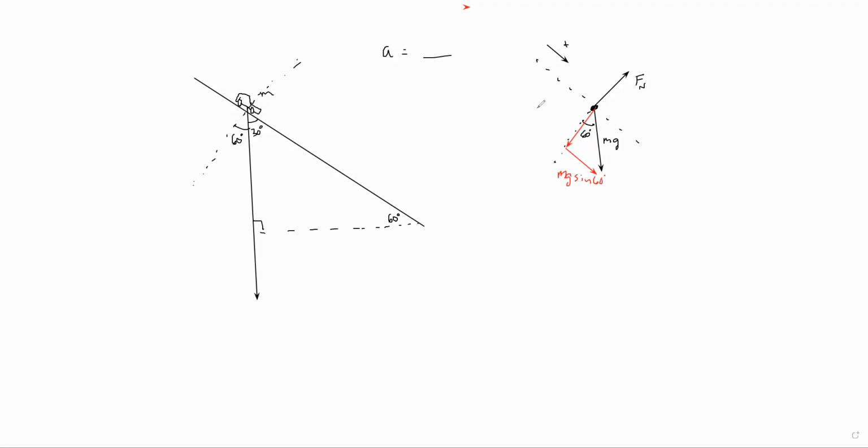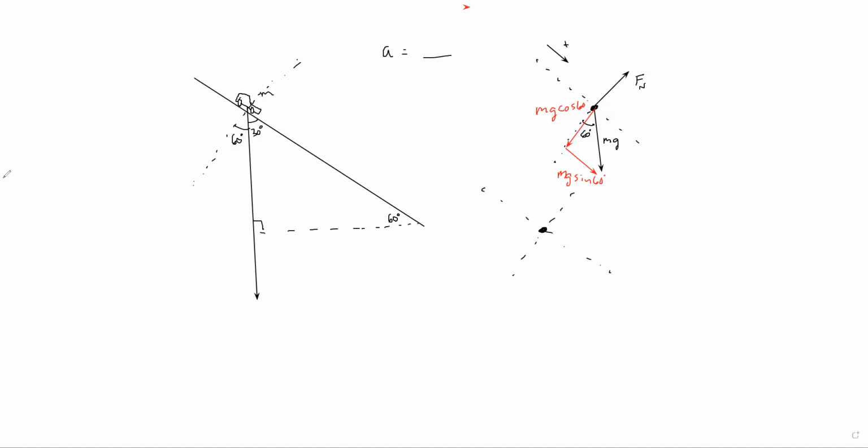This is going to be mg times the cosine of 60. Oh, inclined plane. Yeah, y-axis right there.